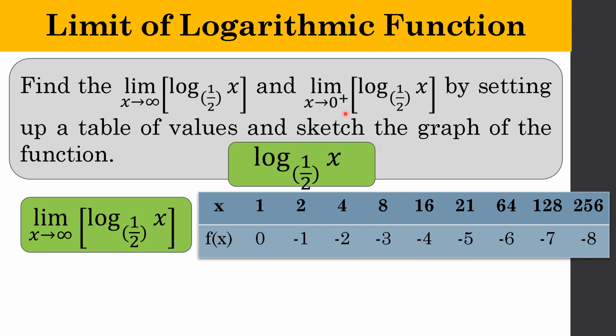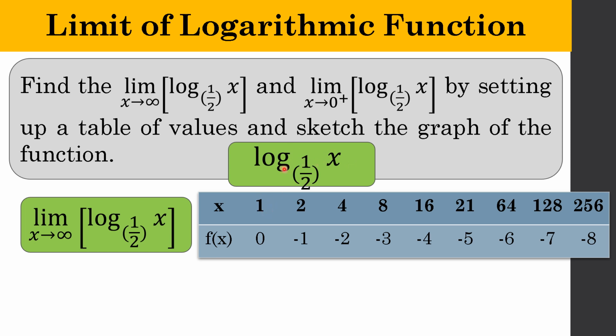Table of values. So, here nagset lang din ako ng mga value ng x starting from 1 until positive infinity. So, here, gumamit ako ng 1, 2, 4, 8, 16, 32, 64, 128, and 256. Again, our x here approaches to positive infinity. Para naman makuha yung f of x, we need to substitute the value of your x to your function.